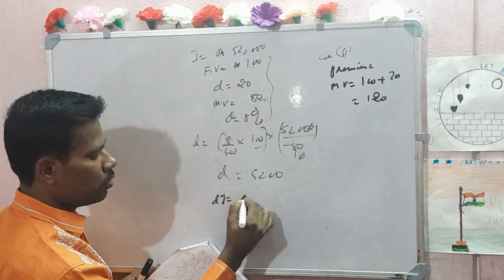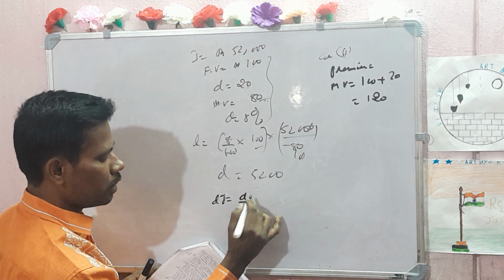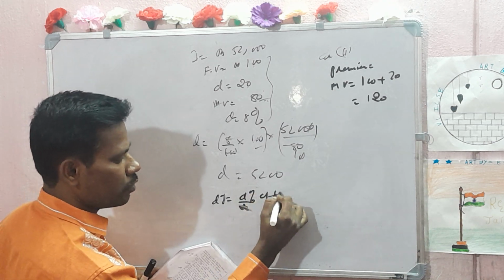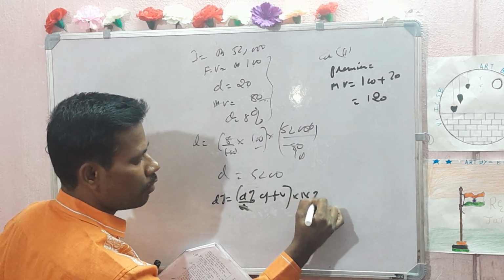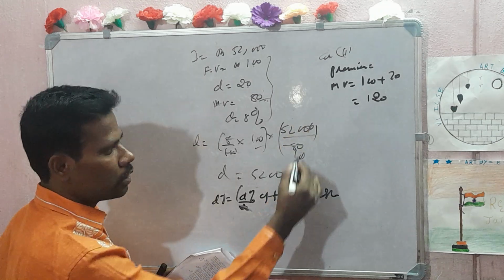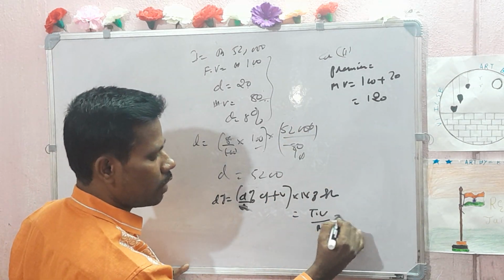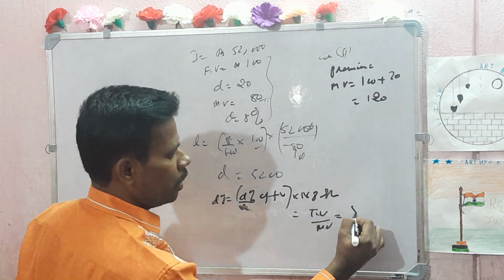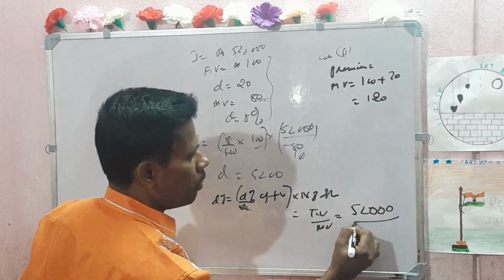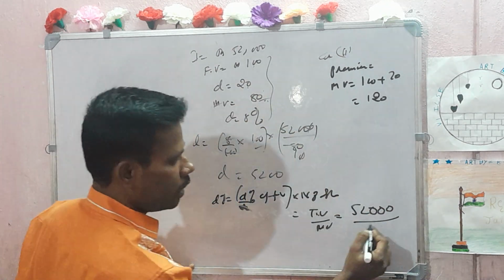Dividend is equal to dividend percentage of face value into number of shares. Number of shares, how will you get? Total investment by market value. Total investment is 52000 by market value. Market value is 80.